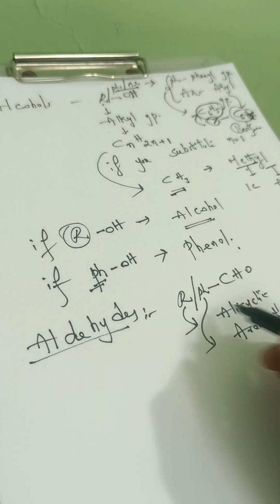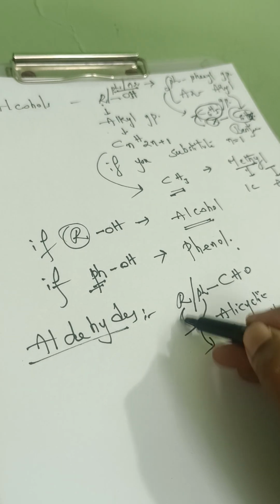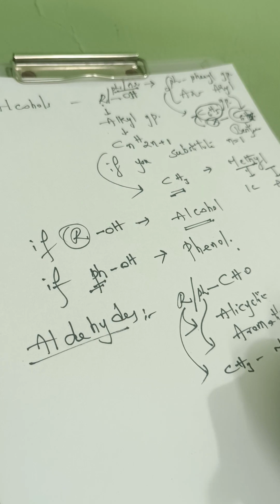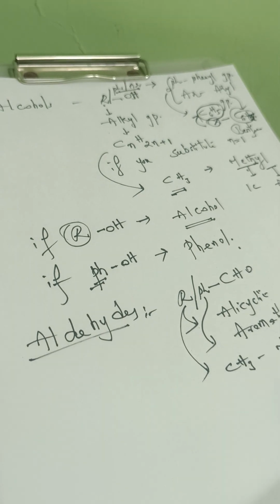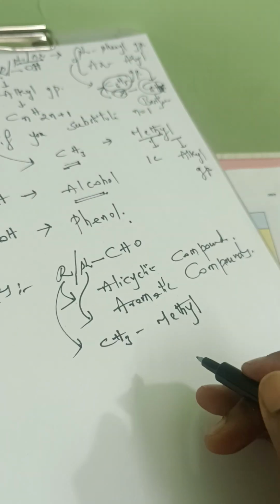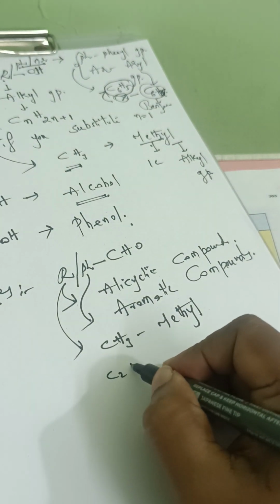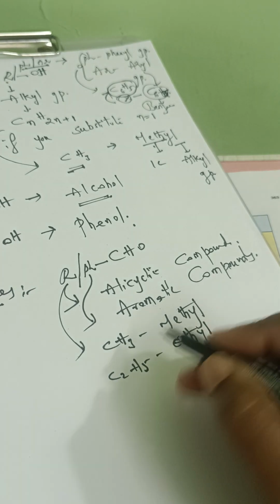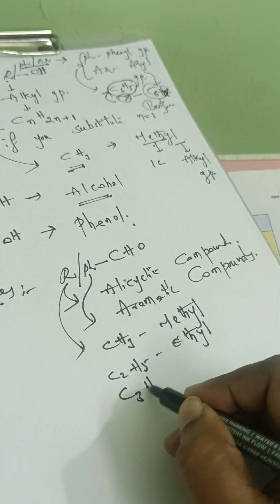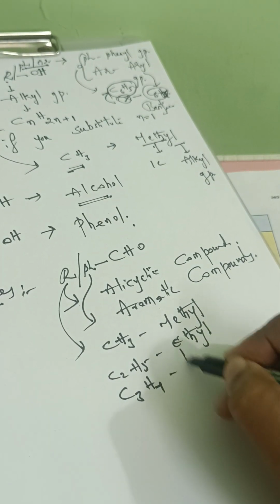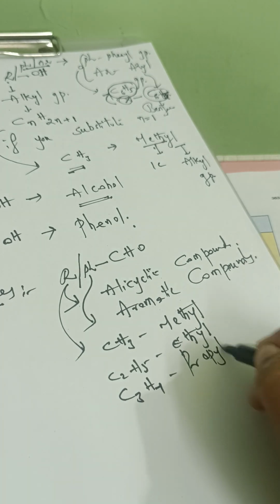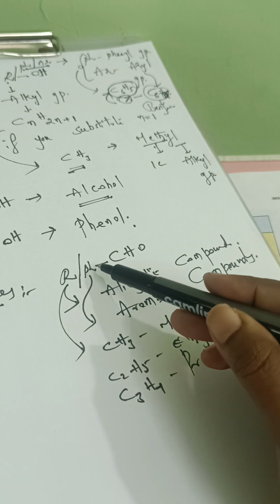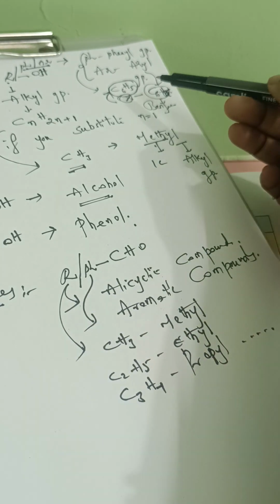And then if you take the alkyl group, these alkyl groups may be CH3, methyl, or C2H5, ethyl, or C3H7, propyl, and so on. And what is phenyl? Phenyl is nothing but, I told you earlier, C6H5.